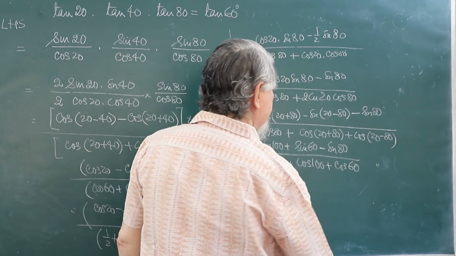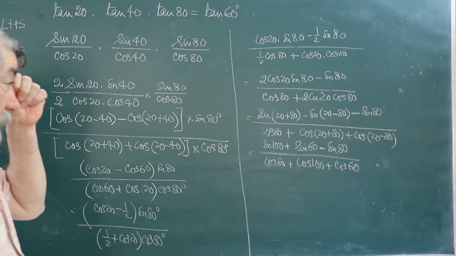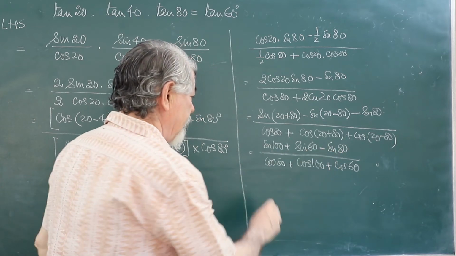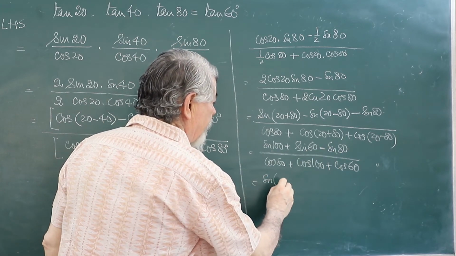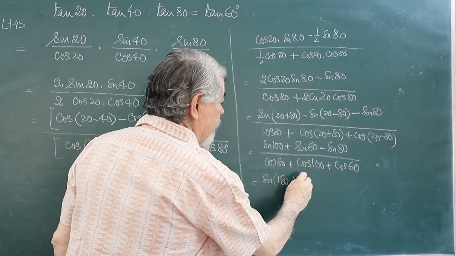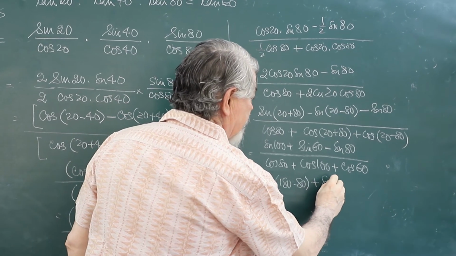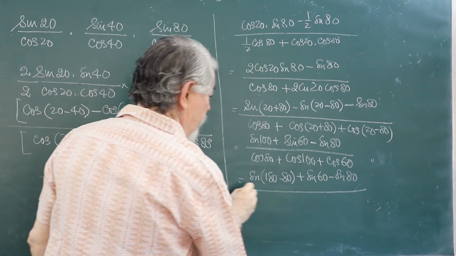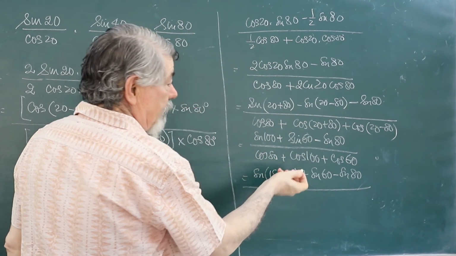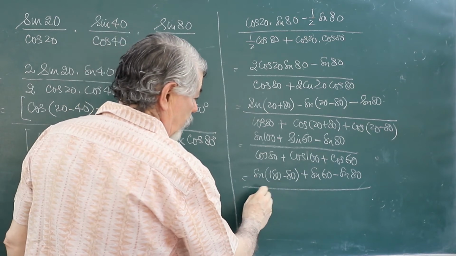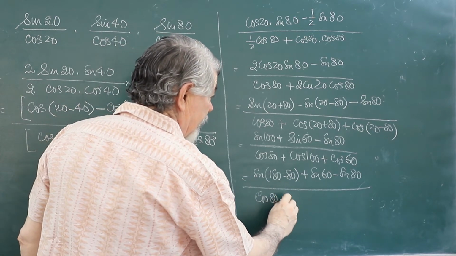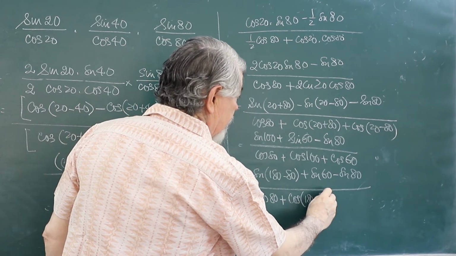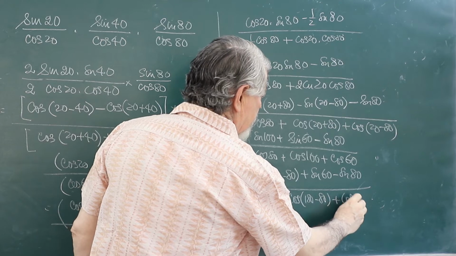Now sin 100 and sin 80. Sin 100 can be written as sin 180 minus 80 plus sin 60 minus sin 80 upon cos 80, and let us write cos 100 as cos 180 minus 80 plus cos 60.